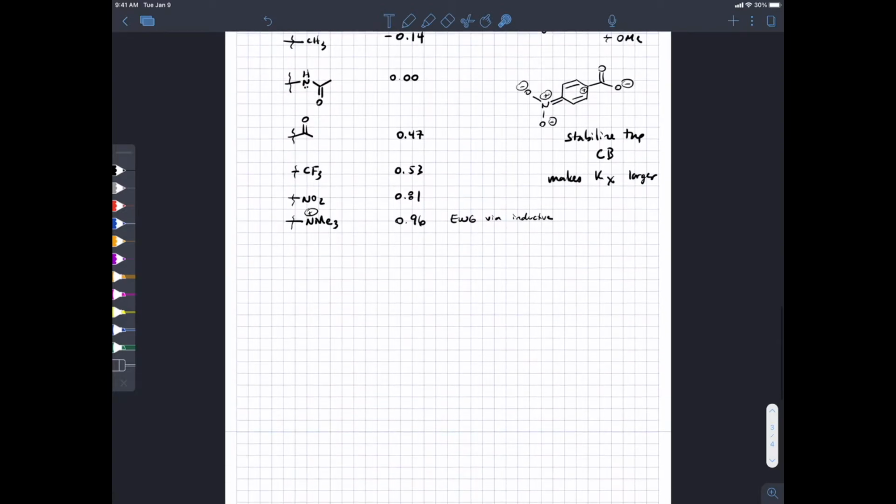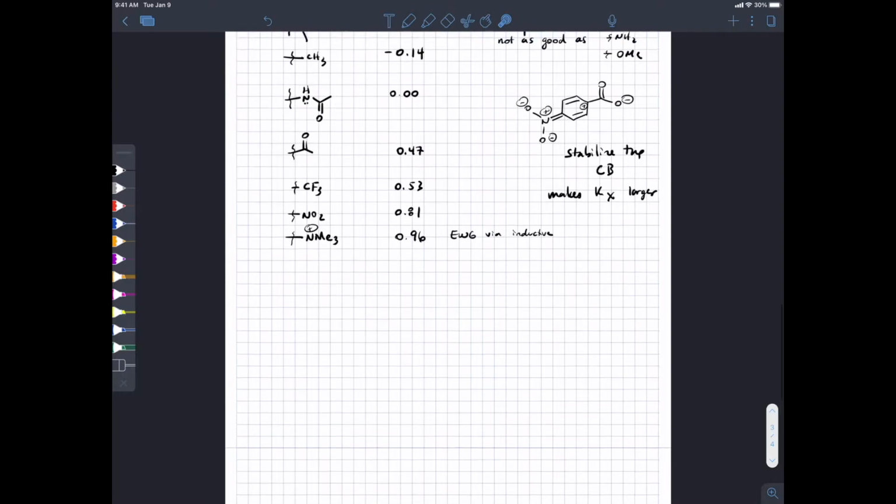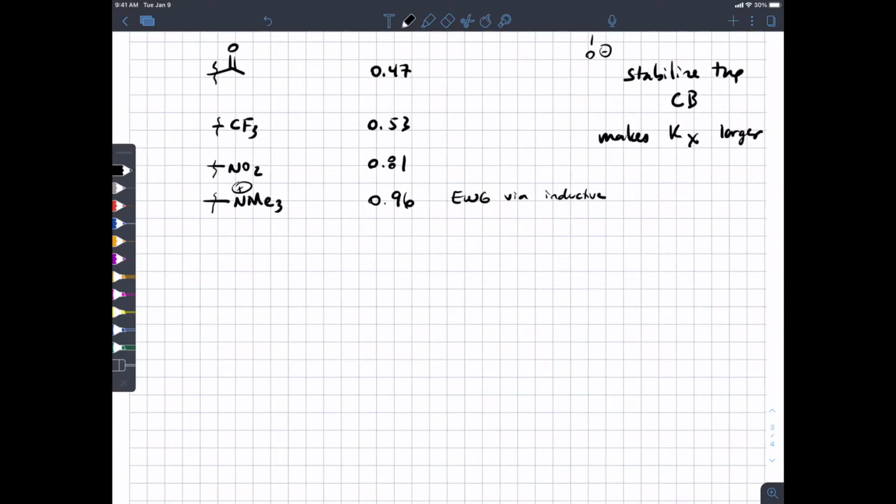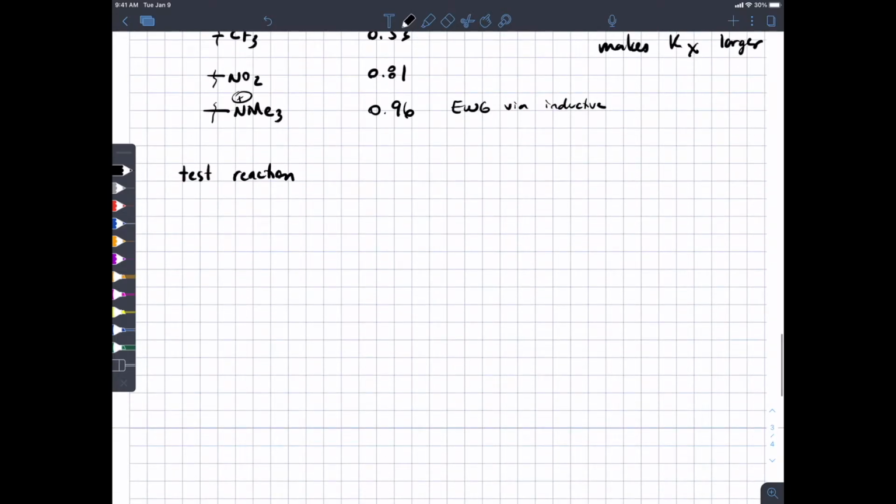So let's imagine that instead of benzoic acid, so instead of our reference reaction, we now have a test reaction. And suppose instead of benzoic acid, we do this reaction with the corresponding phenylacetic acid. So we're going to move one carbon away.